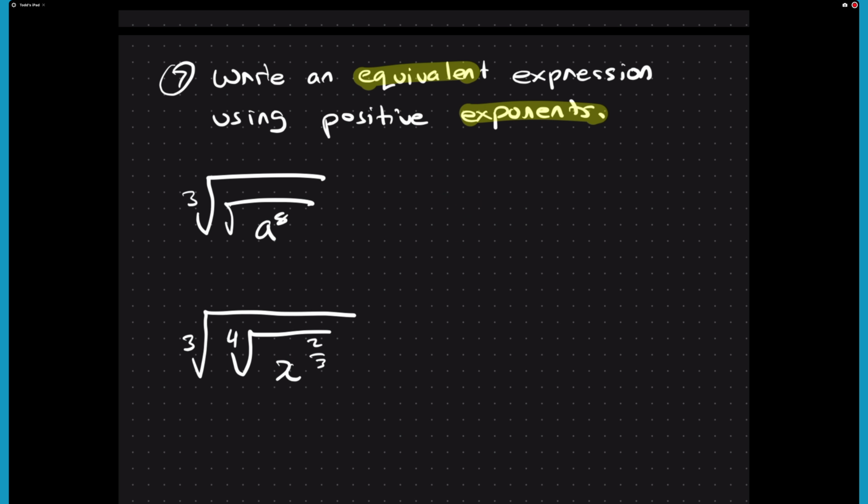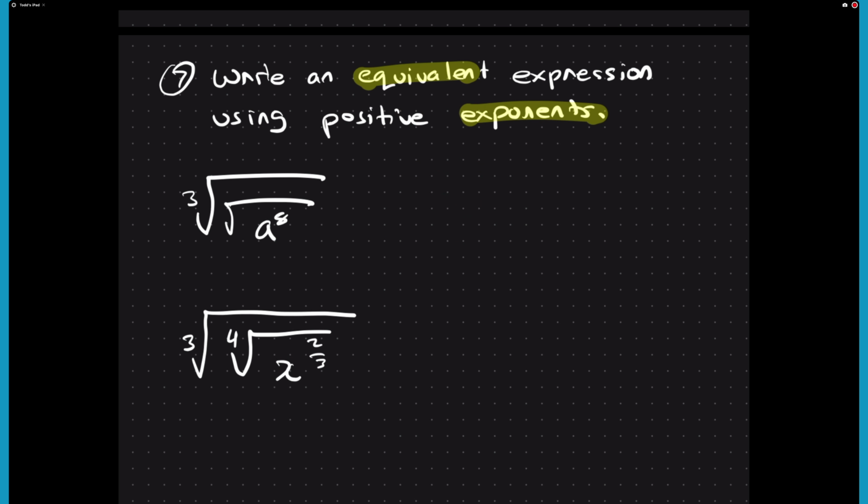So you see that we've got in this first example the cubed root of the square root of a raised to the power of 8. So let's just ignore this cubed root to begin with. But we can't, it's still there. But we will just deal with the square root of a to the 8 first. We'll go to the inside and deal with that one first.